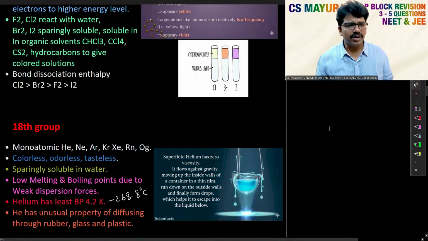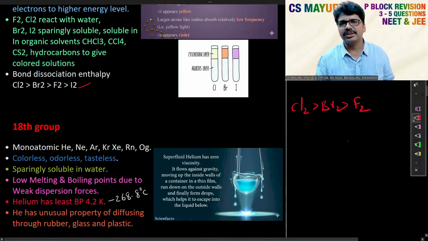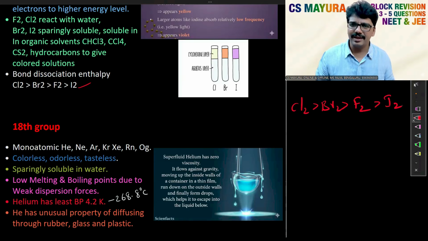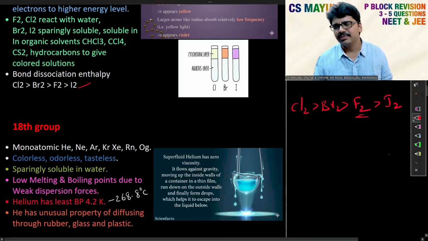Next, another important point is bond dissociation enthalpy of halogens. We know chlorine bond dissociation enthalpy is greater than bromine, bromine is greater than fluorine, and fluorine is greater than iodine. We expect fluorine to have high bond dissociation enthalpy due to its small atomic size, but actually fluorine has less, because when fluorine is bonded with another fluorine, the distance is less, that is correct, but each fluorine has 3 lone pairs.